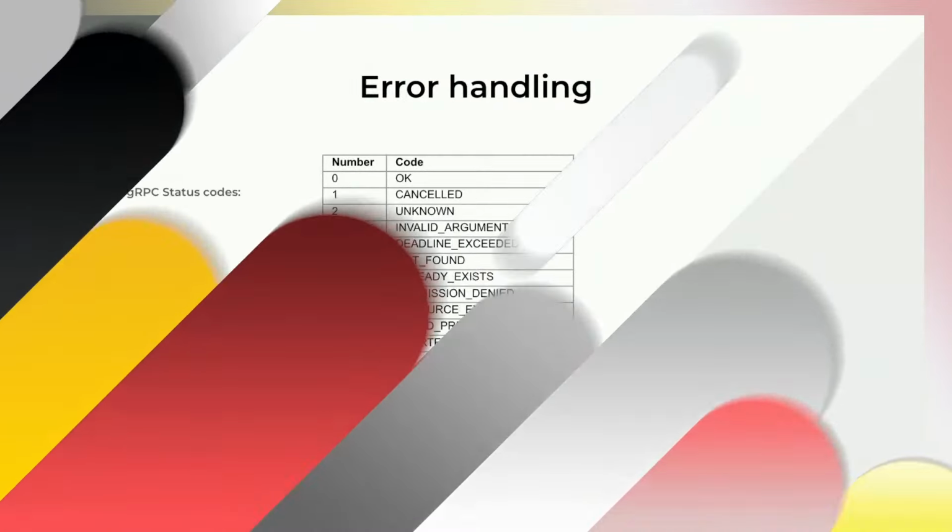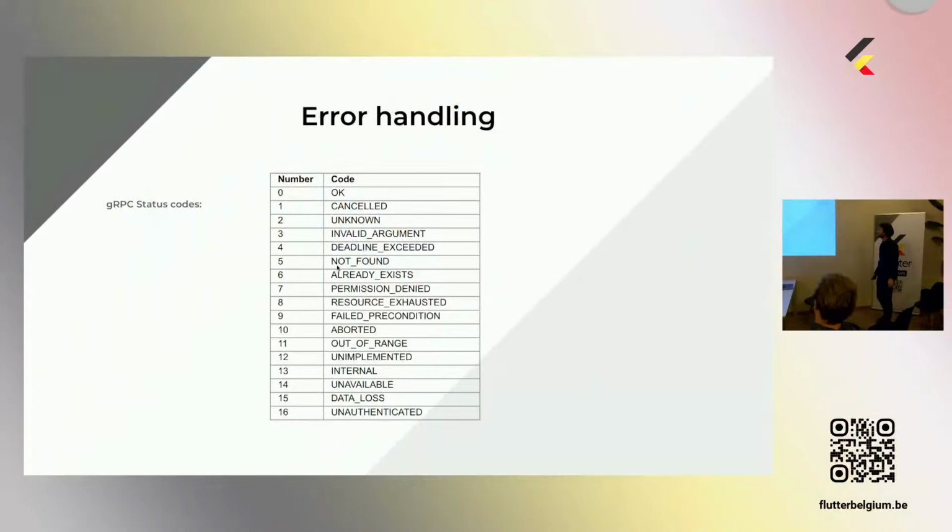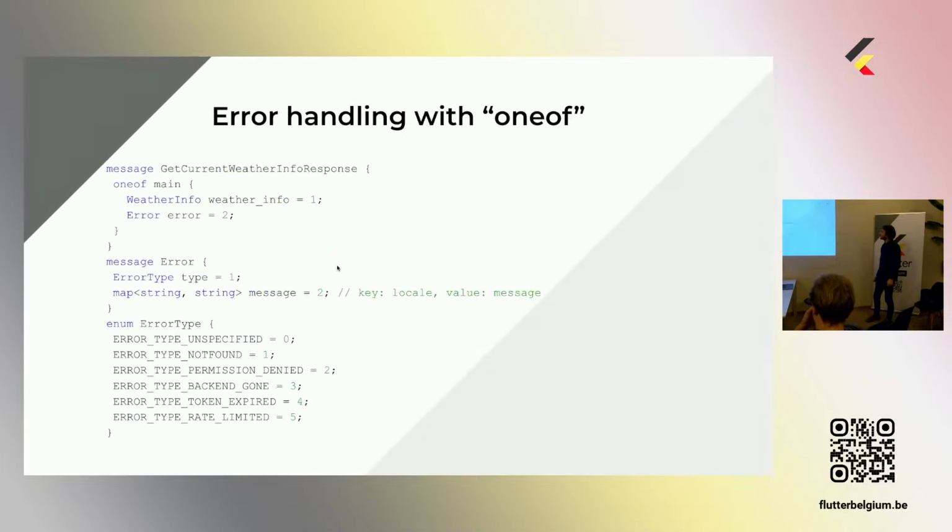Error handling. How do you do error handling? There is a very limited set of error codes that gRPC is giving you. They say it's enough, but of course, yeah, it's too limited. If you would like to have more, there is another way.